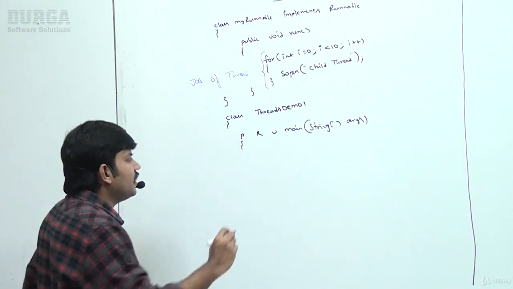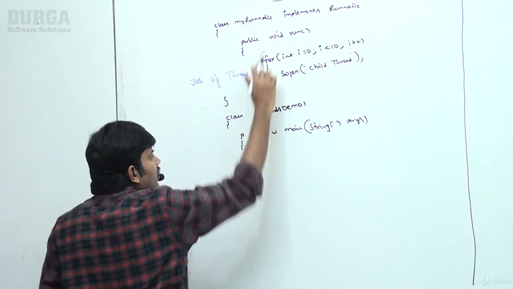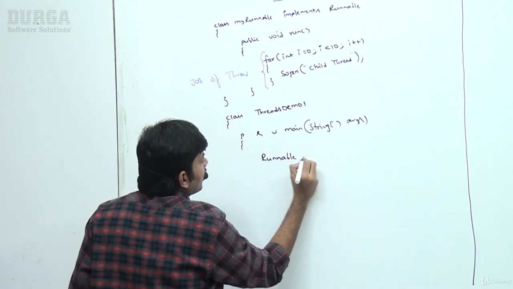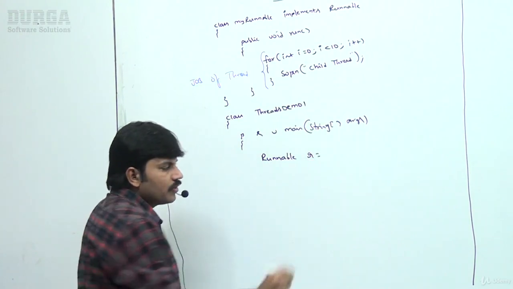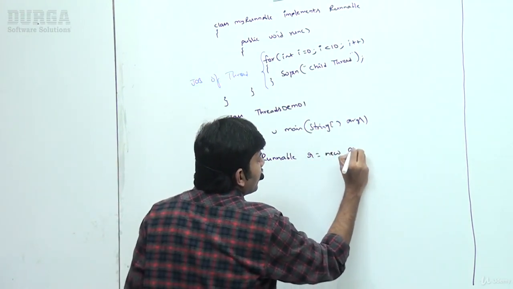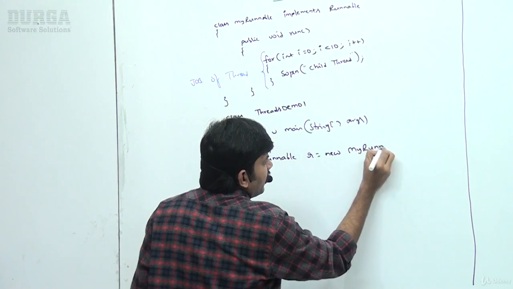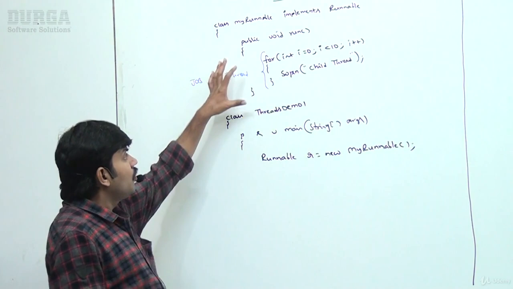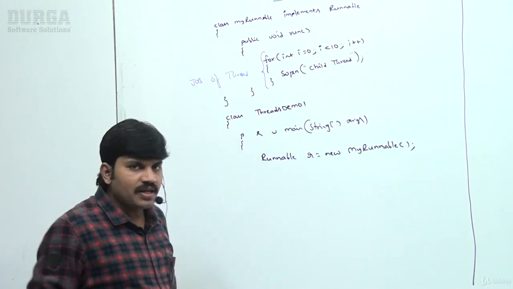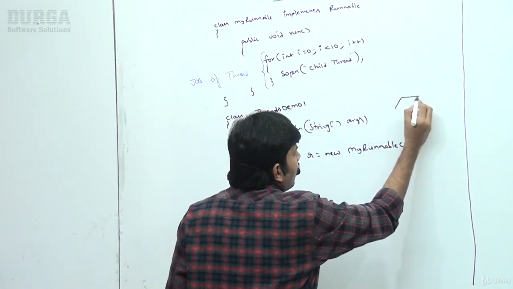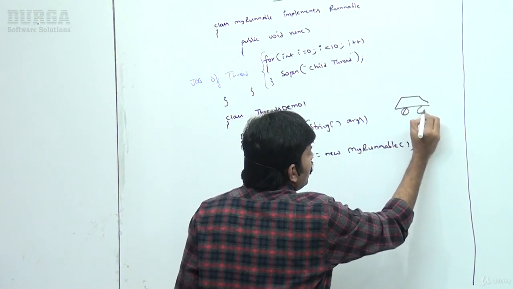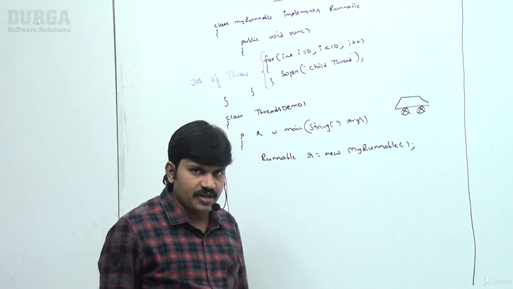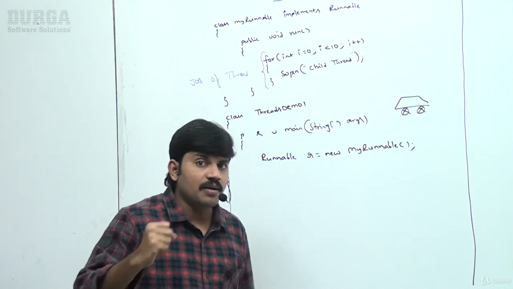What is the way? First create an object for this. Runnable r = new MyRunnable(). I created one Runnable object, something like I created one car. But to start this car, compulsorily some person must be required who has the start capability.